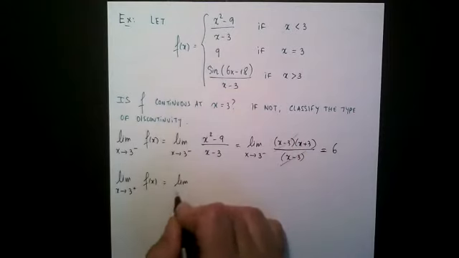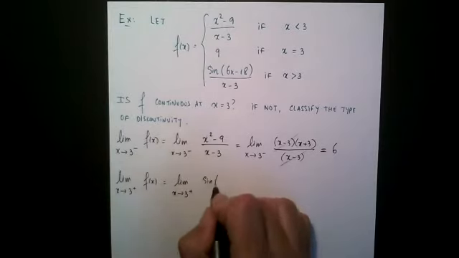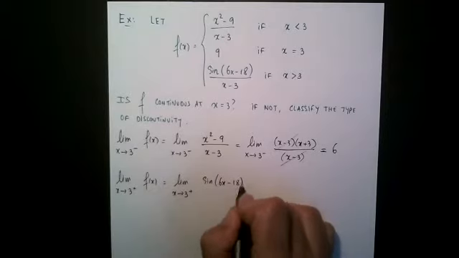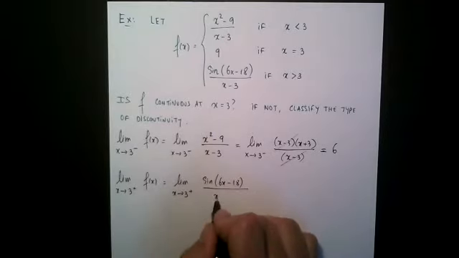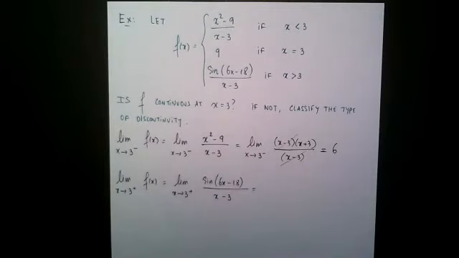So it's the limit as x approaches 3 from the right of sine of 6x minus 18 over x minus 3. Again, if you replace x by 3, you'll get sine of 0 over 0. So we need to recognize our sine x over x, because we know that that's 1.